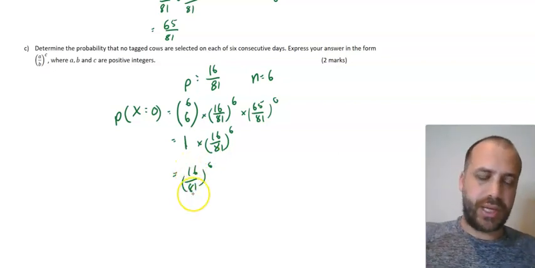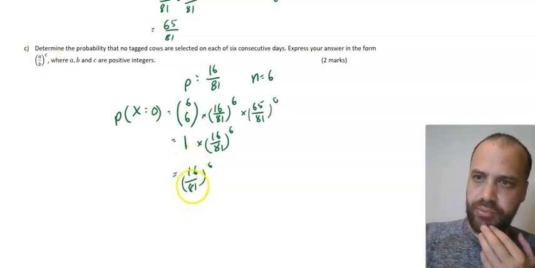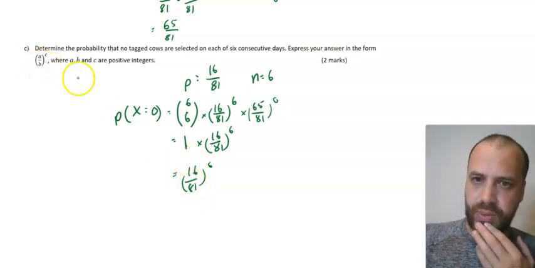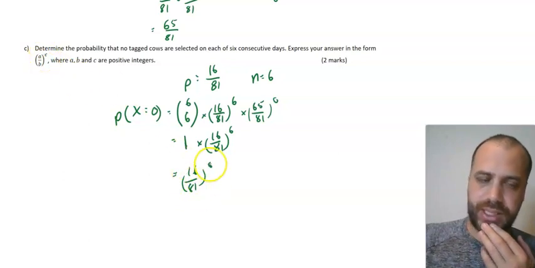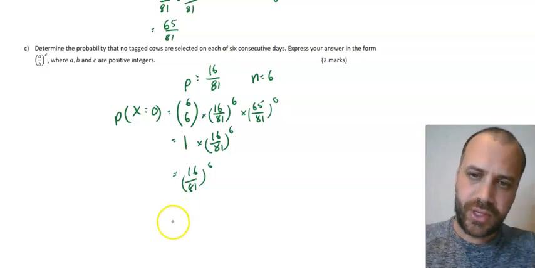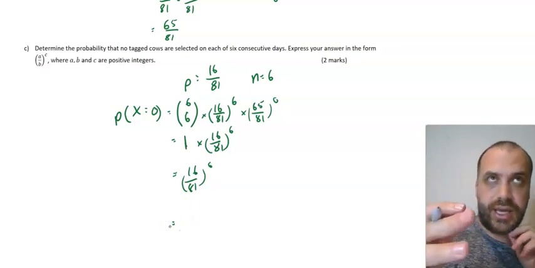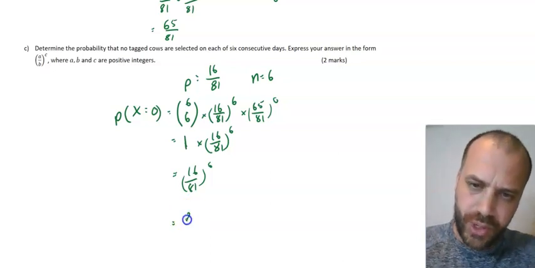And we can probably pull up stumps here. We've got A, where A is 16, B, where B is 81, and C is equal to 6. Mrs. G goes one step further though, because she knows that 16 is the same as 2 to the power of 4.